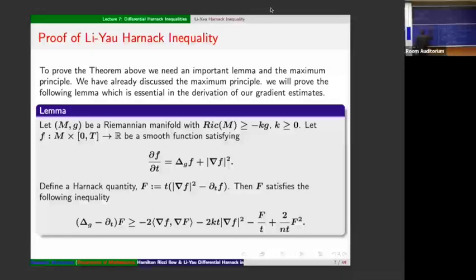This is the inner product, which gives us minus k |∇f|², and the t you have there. So with that, the Laplacian of f is greater than or equal to 2t over n times, substituting minus f, minus f over t squared. Then the next one is 2t times the inner product of the gradient of f and the gradient of minus f over t.